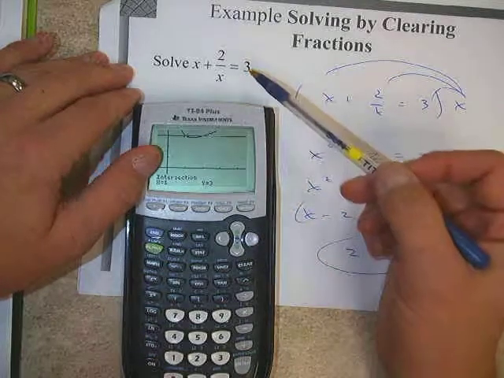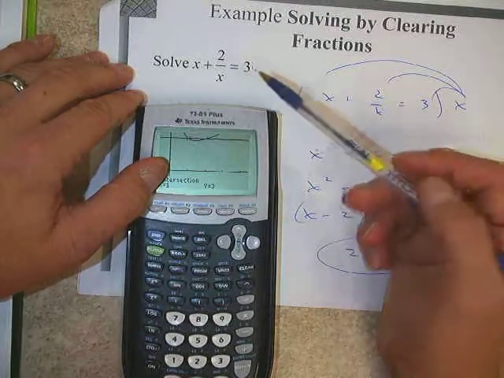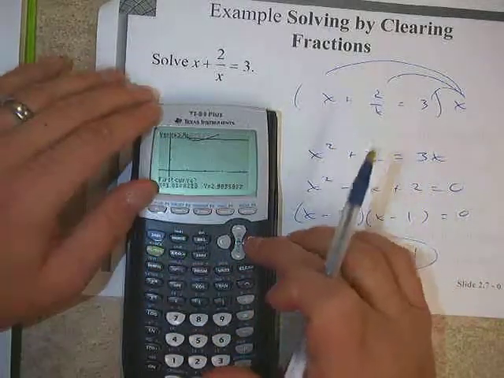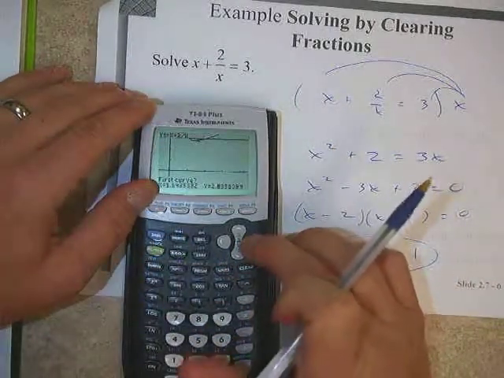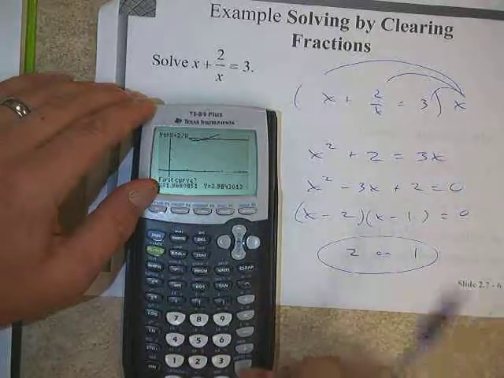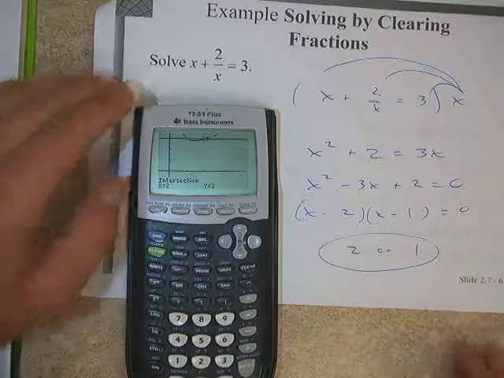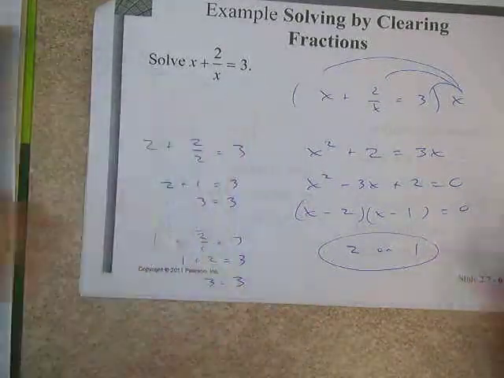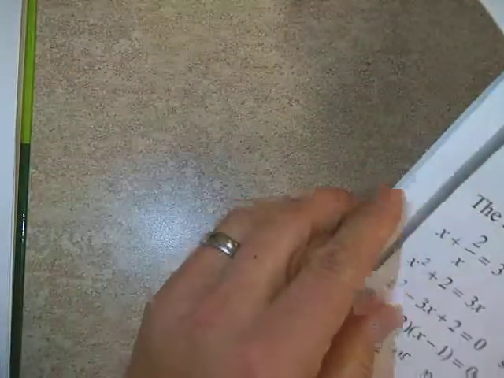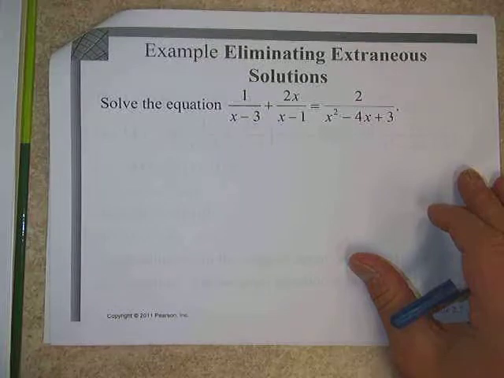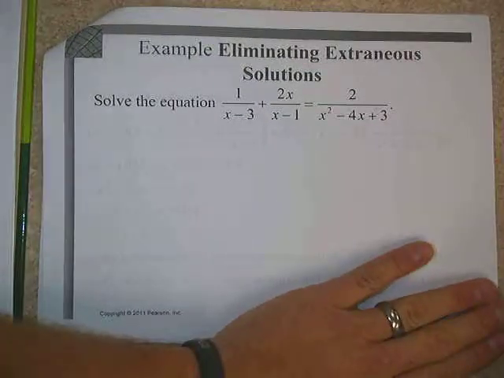So we put it close to the intersection points. So 1, of course. And remember, when we're solving an equation that has x, are we concerned about what the y coordinate is here? Or all we want to know is what x makes this sentence true. So the y coordinate really doesn't matter. But if you do it again, just to double check, we can move it over to the other one. And hopefully, if we did this right, we should get 2. And in fact, we do. Questions so far?